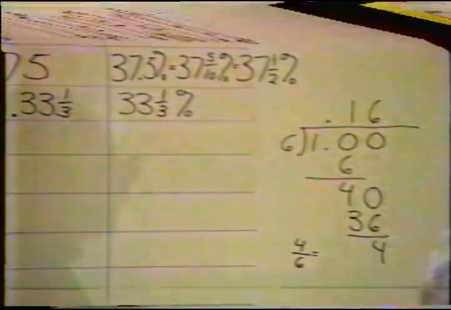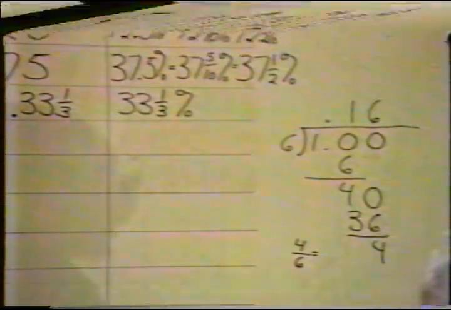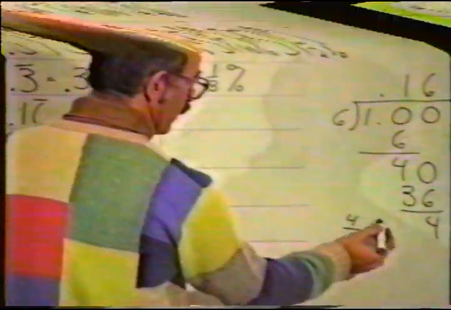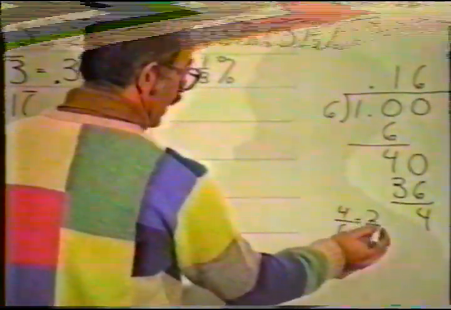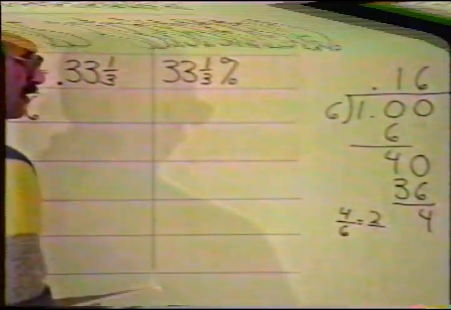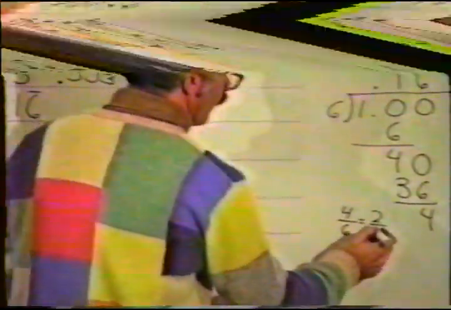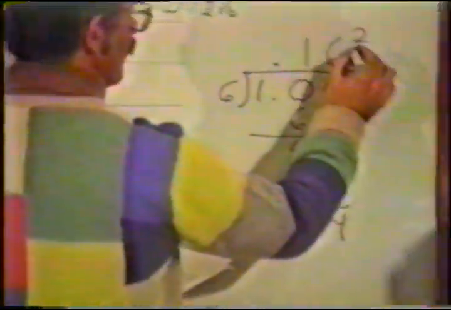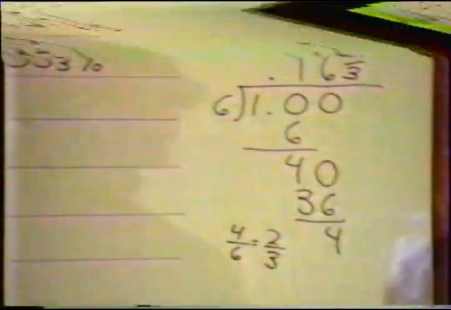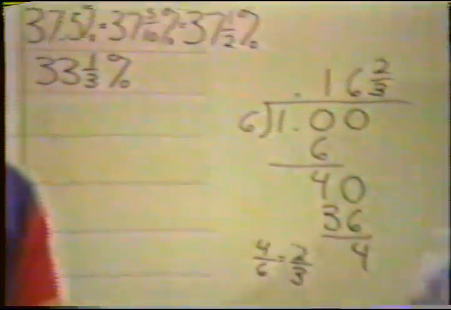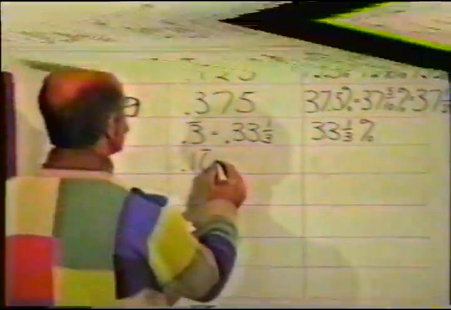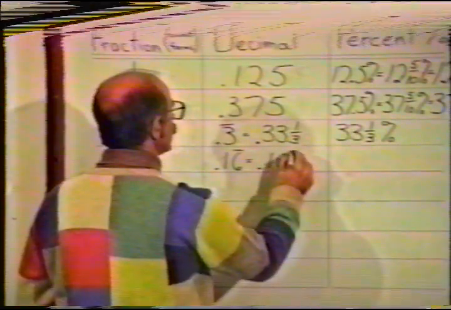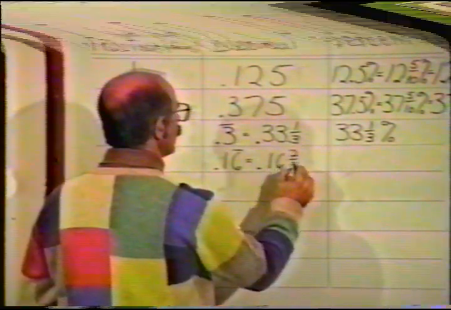We can hit both the 4 and the 6 with what number? 2. 2 into 4 is? 2. And 2 into 6 is? 3. 4/6 becomes 2/3, and we have another one of these funny looking decimal fraction numbers. 0.16 and 2/3.